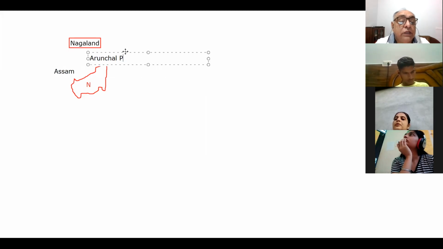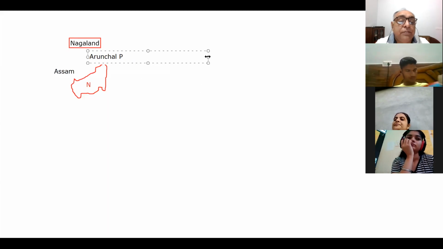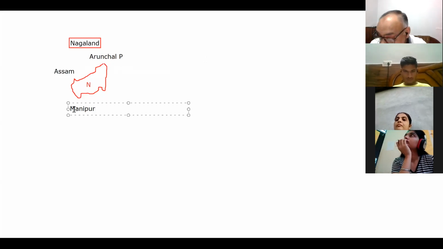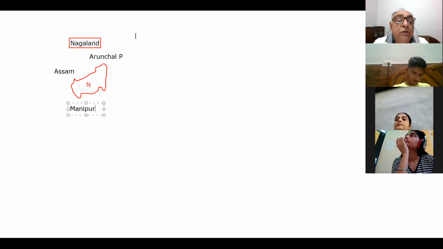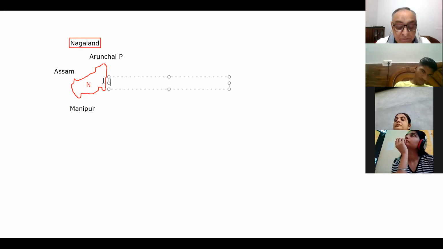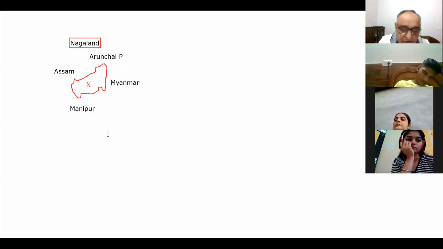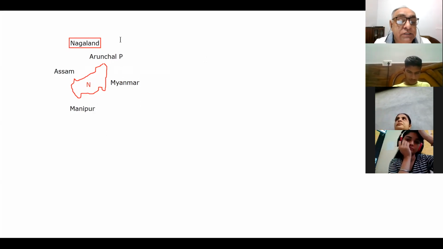On the southern side of Nagaland, there is Manipur, and on the eastern side of Nagaland, there is Myanmar. So this is the geographical location, and these are the neighbors.